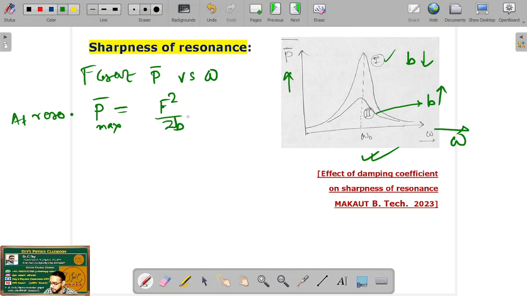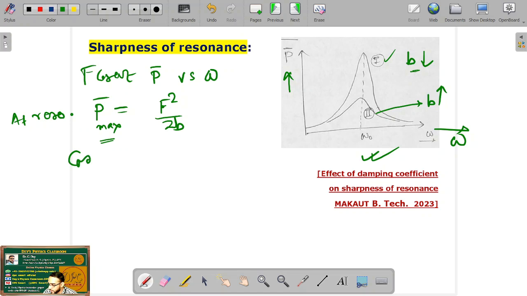Whenever the damping factor is very low, the average power maximum value would be very high. That means the graph would be very sharp and it will have a high P bar max value. So in case 1 the damping coefficient is less compared to case 2.